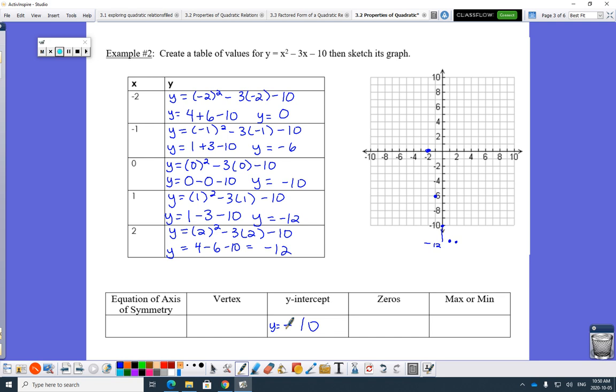So then if this is 1, 2, 3, 4, 5, 1, 2, 3, 4, 5, 6.